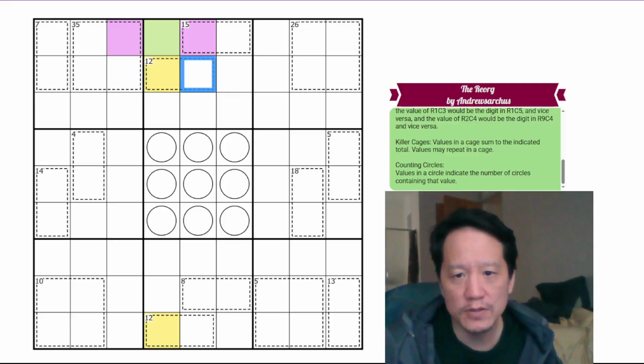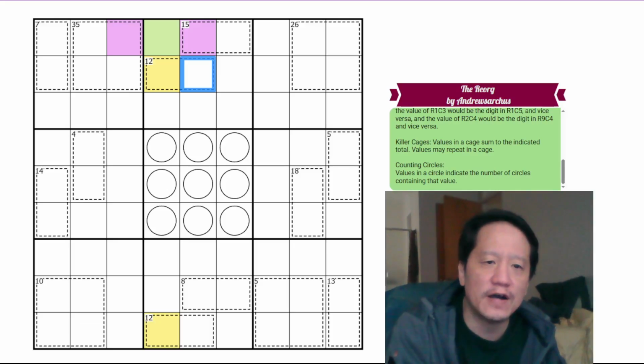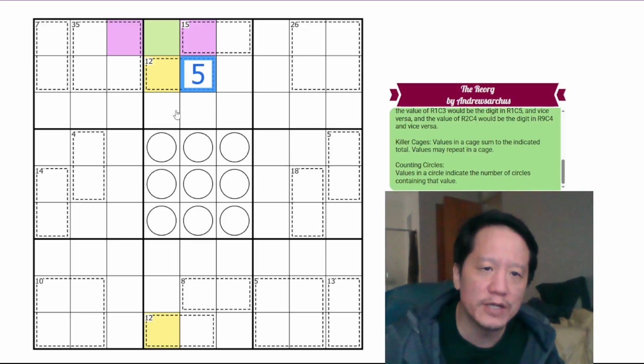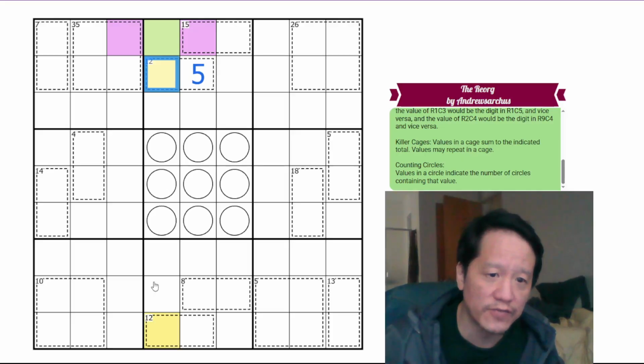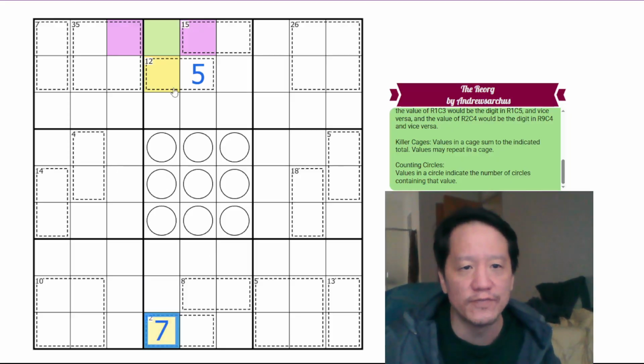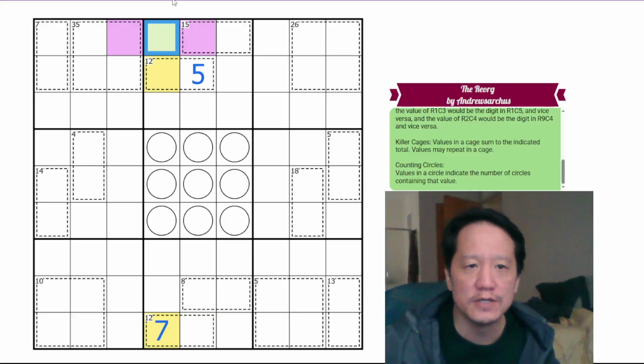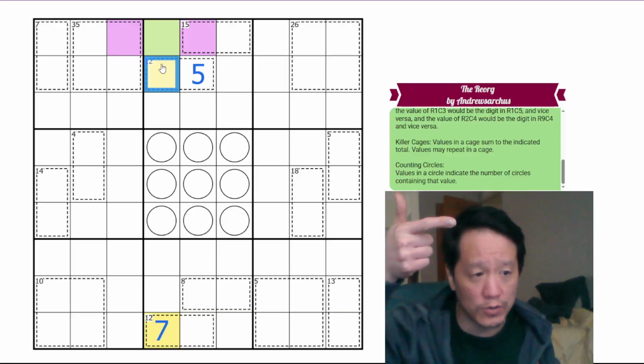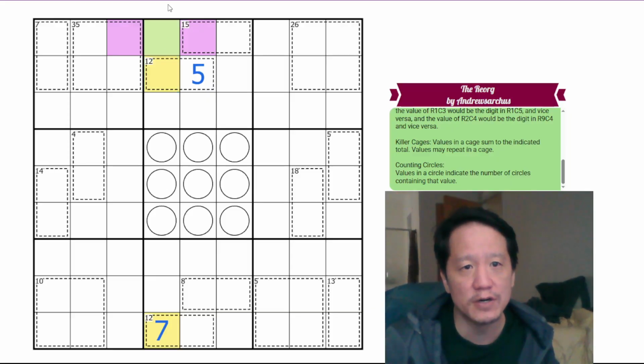But say we had a 5 here. That would mean the value of the other cell is a 7, but since we have a reorg cell there, this would have to be 7, because the value of this cell is the cell on the other side of the reorg cell in the same column. So that's an example of how killer cages work.